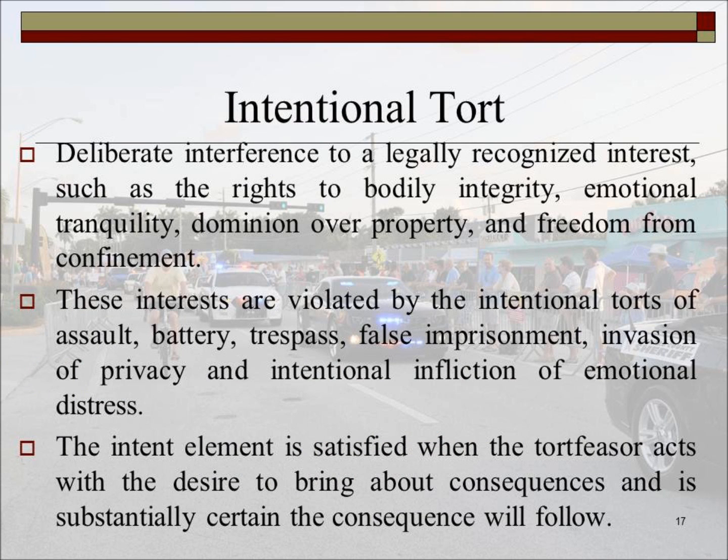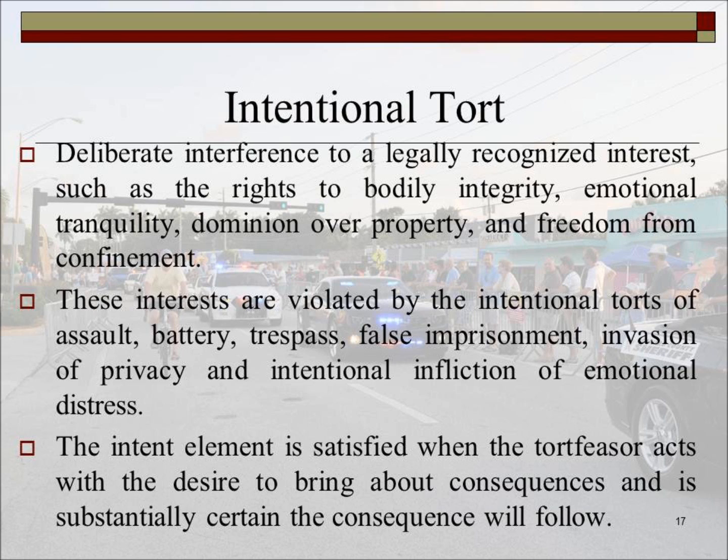So let's move into these areas in that order. Intentional torts. Deliberate indifference, which is a key phrase often used in litigation against law enforcement agencies. Plaintiffs love to prove deliberate indifference by the defendant, i.e. the road officer, the law enforcement agent, or the sheriff or the deputy. Deliberate indifference to legally recognized interests such as rights to bodily integrity, emotional tranquility, domain over property, and freedom from confinement.